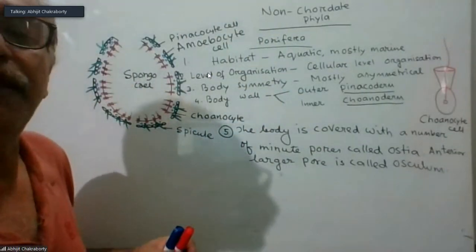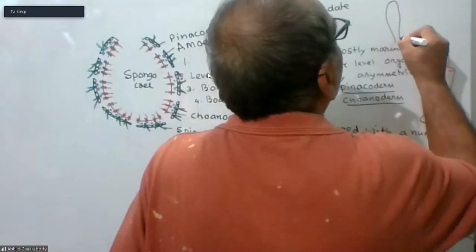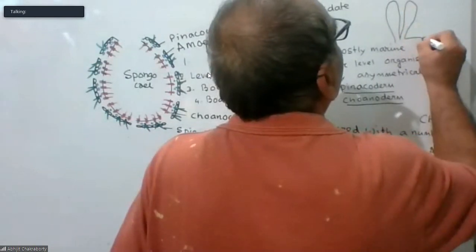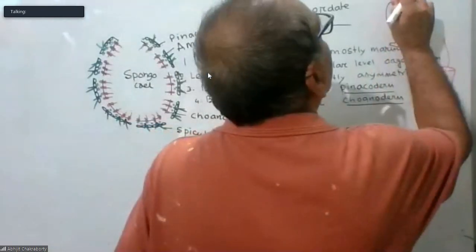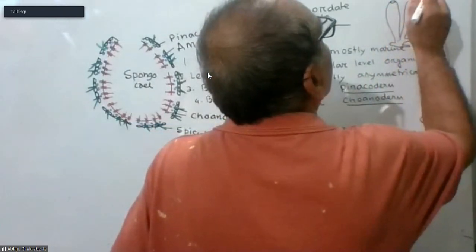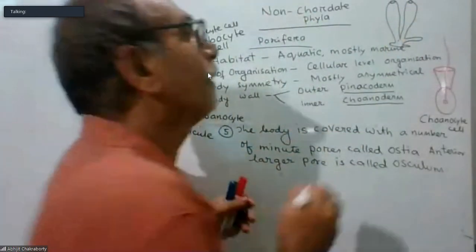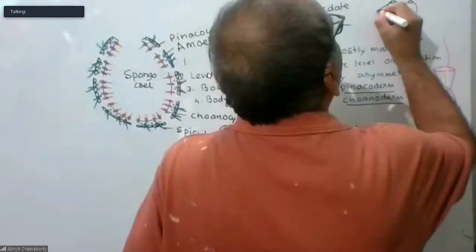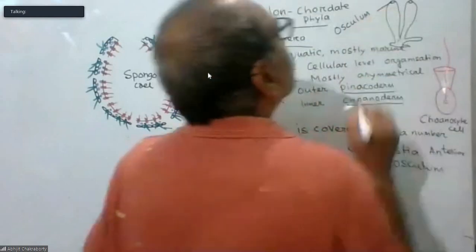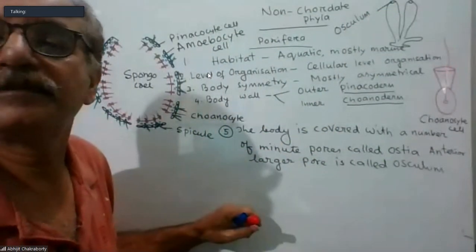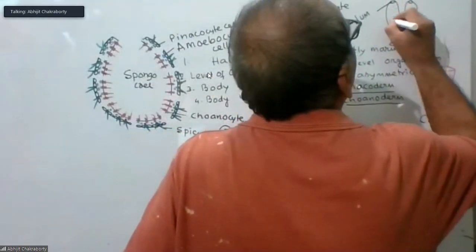If you go to the diagram, you see this is the osculum, and here you will get a number of minute pores.